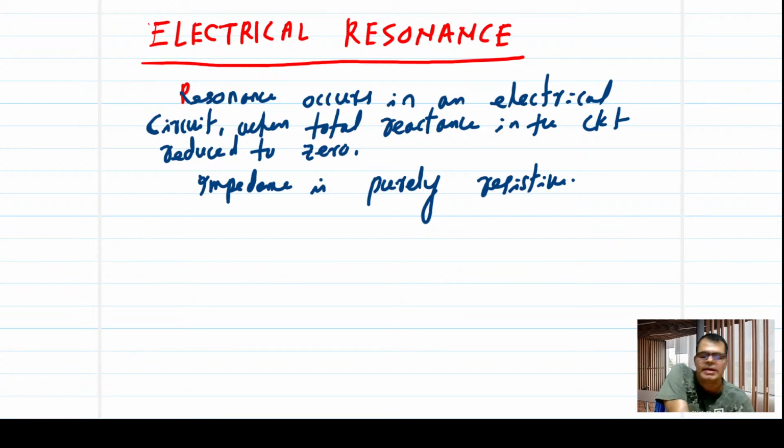Your total impedance offered to the source is purely resistive, and at that time, whether it is series resonance or parallel resonance, the power delivered or absorbed will be the maximum. Power will be delivered or absorbed by the resistor, or the load.